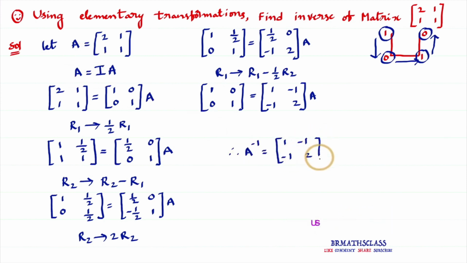I hope you are understanding. So in this way, we can calculate the inverse of a given matrix by using elementary transformations. It is all about a little bit of practice. Now, I'll do one more problem of the same type so that you will get more clarity on these elementary transformations.